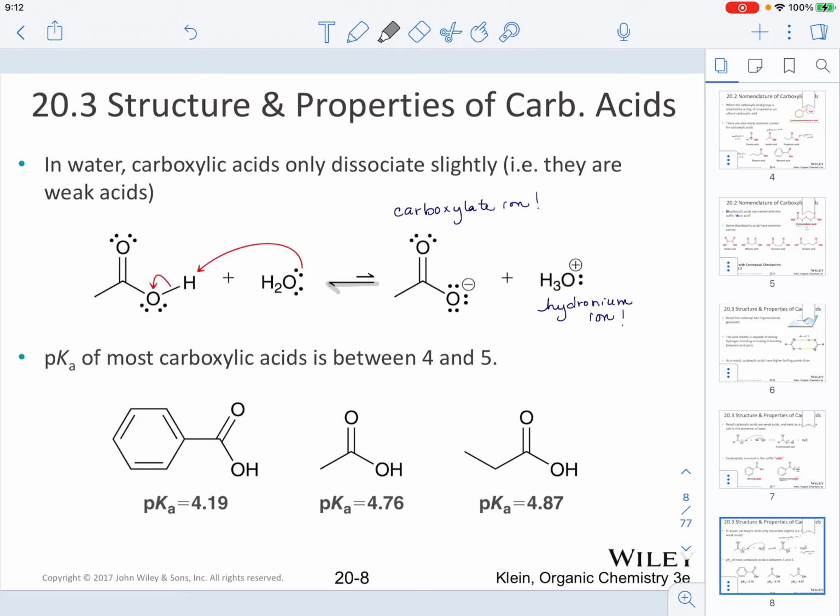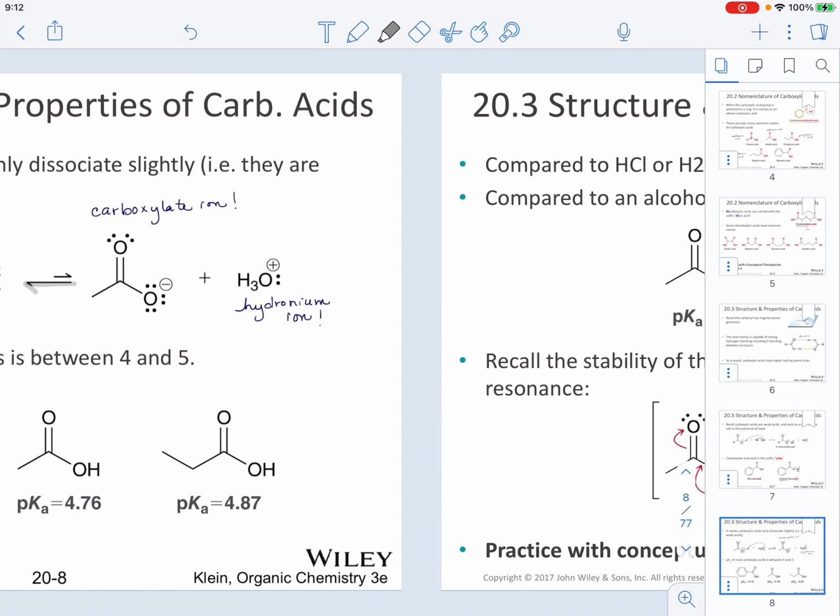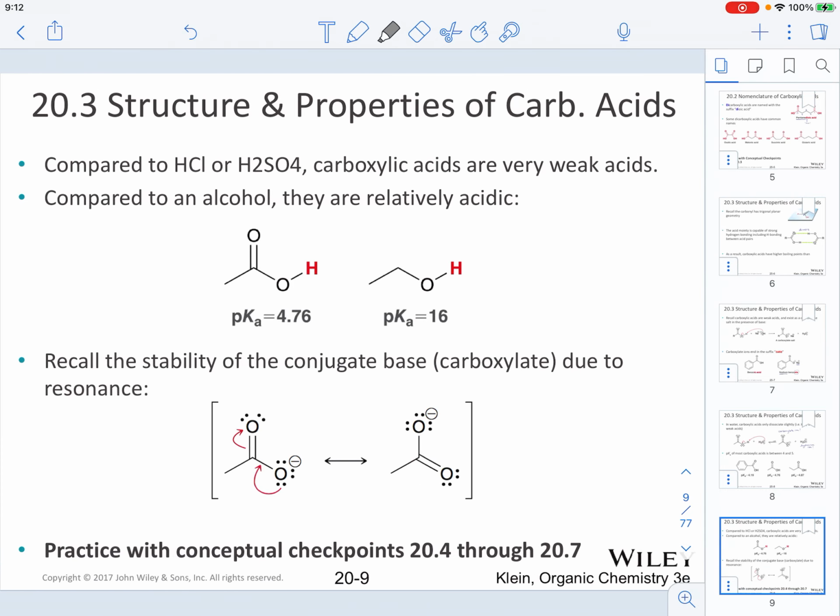Most carboxylic acids actually have a pKa around 4 to 5, and understand that this represents something that is pretty acidic, but it is still a weak acid. Now, when we compare these carboxylic acids to HCl, hydrochloric acid, or even H2SO4, sulfuric acid, they are very weak.